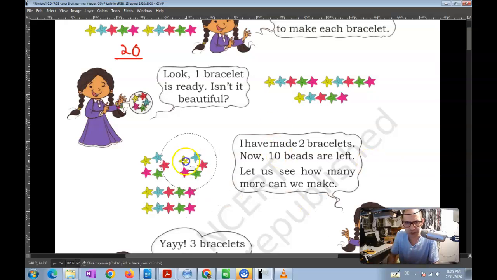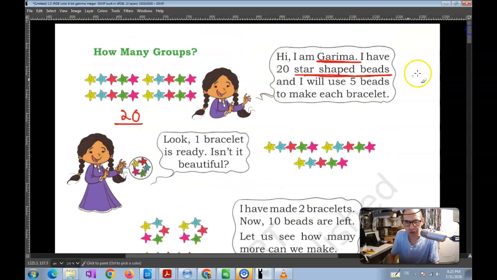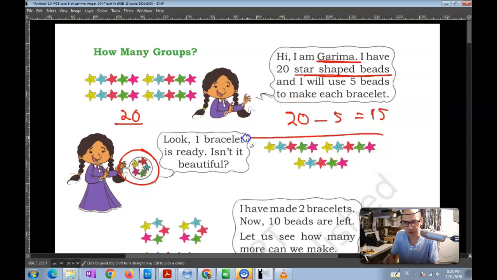So we need 5 stars. She takes away 5 of the stars, and she makes 1 bracelet. Now 5 of the stars are gone, which means 20 minus 5 is equal to 15, the number of stars that we have over here. And we have one bracelet.